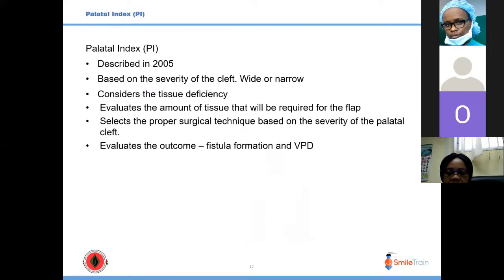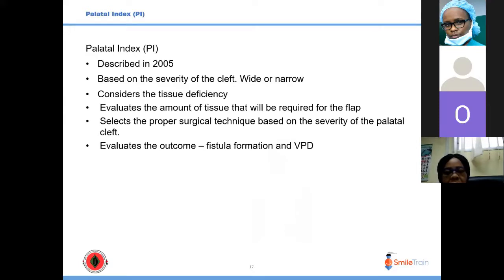But there's another more recent classification which I consider to be more objective, because it helps to make a decision on the choice of the surgery for the cleft. And this was described by some surgeons from Peru and presented at the cleft conference in 2005 in South Africa.